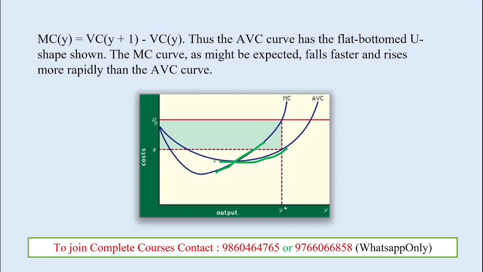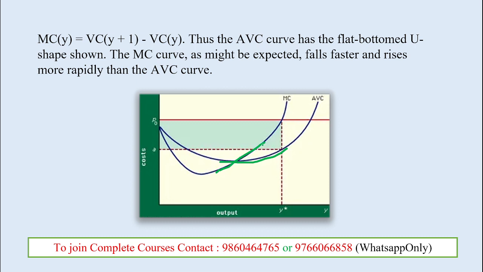Sorry, ABC is below MC, and after the cutting MC is above ABC. So we can derive that whenever MC cuts ABC, or MC equals ABC, MC is below ABC, or ABC is higher than MC.